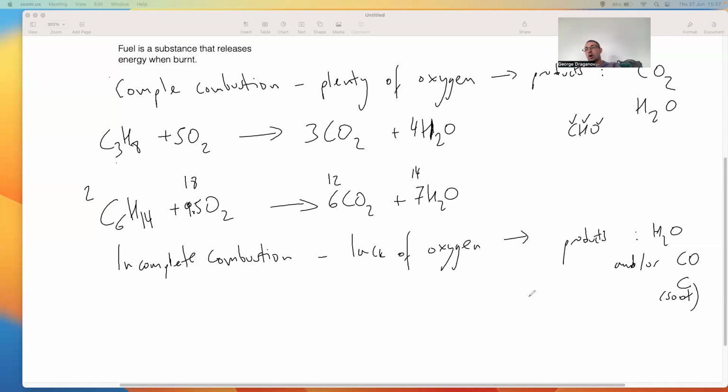Now, carbon monoxide is toxic. They call it the silent killer because it is odorless, so it has no smell, and it's colorless, so it has no color. The only way to detect it is using a carbon monoxide alarm. So you should have one installed near your boiler, about 15 centimeters height.